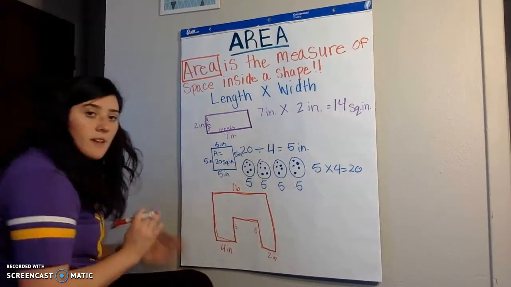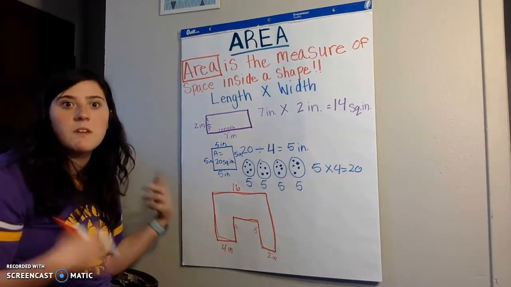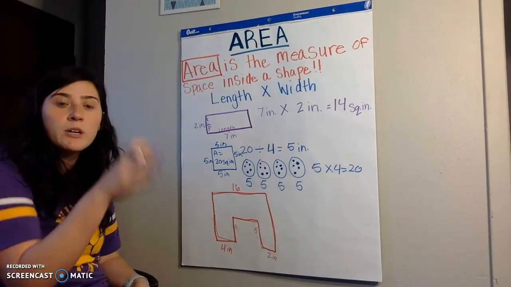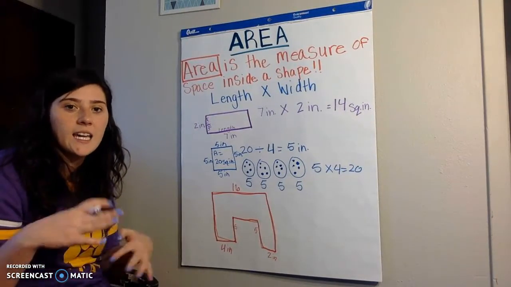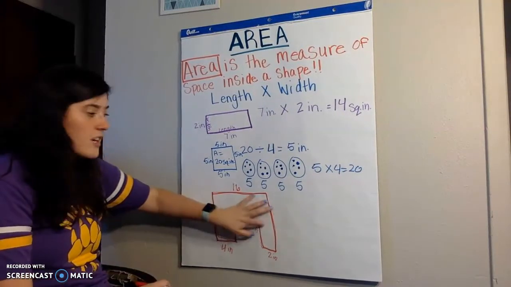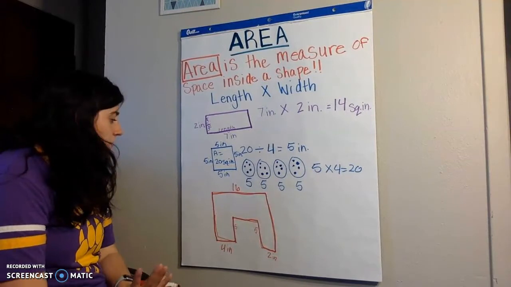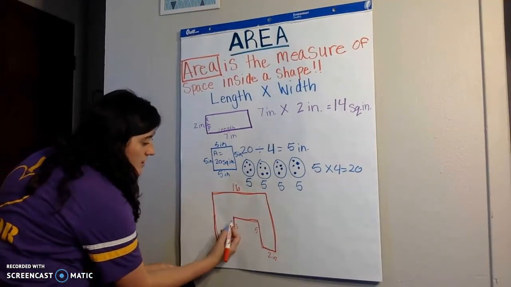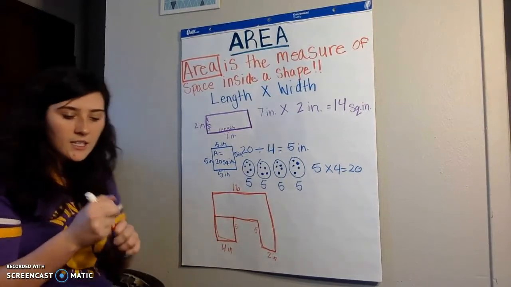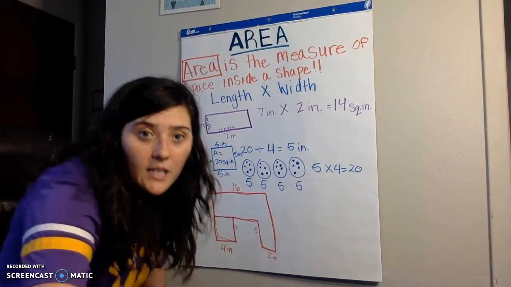Okay, so now if I have this irregular shape, the first step I'm going to have to do is break it apart or put lines in it so that I can solve each area of this entire shape. So the first thing I'm going to do is extend this line. I'm going to get a different color so you can see how I break it apart.